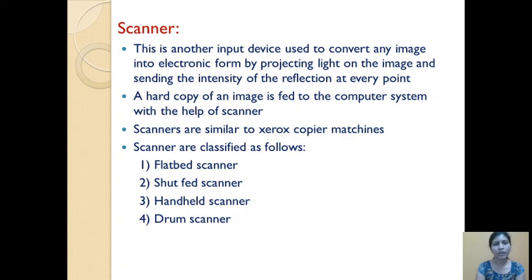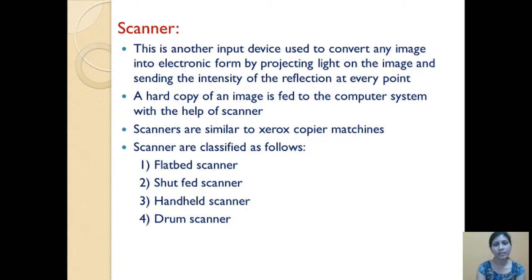A hard copy of an image is fed to a computer system with the help of a scanner. Means if you have any hard copy, we convert that hard copy into a soft copy, in electronic form, using a scanner. Scanners are similar to Xerox copier machines, but with Xerox we get a hard copy.